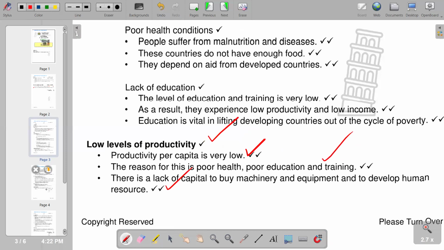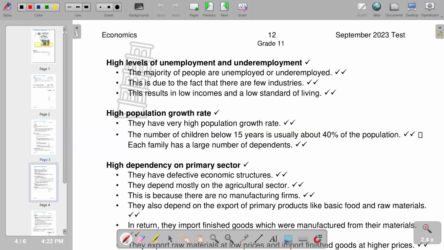Moving on to the next characteristic, we have high levels of unemployment and underemployment. This also characterizes developing countries, where the majority of people are unemployed or underemployed. Then high population growth rate also characterizes developing countries.